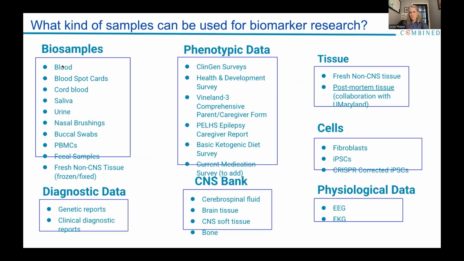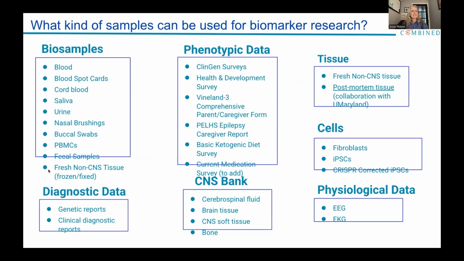One of the most common ones is various blood components. Blood spot cards are just drops of blood. Cord blood, saliva, urine, nasal brushings, DNA from buccal swabs, even stool samples, as we said, can be used to look at different populations in microbiota.